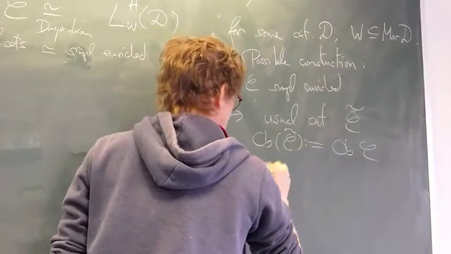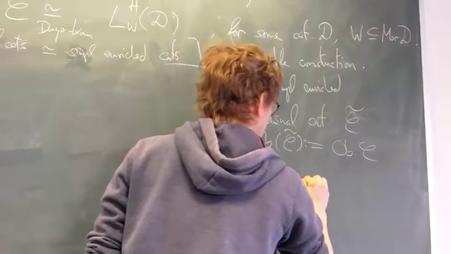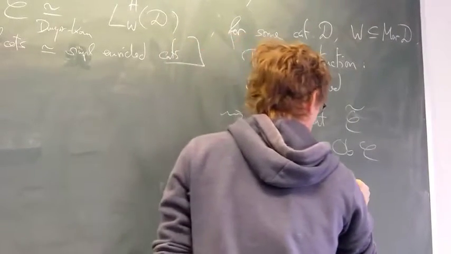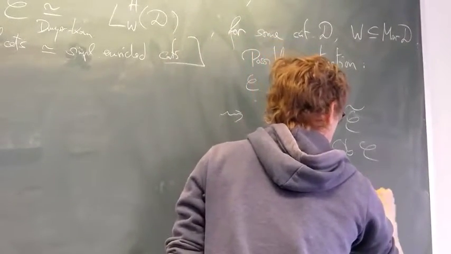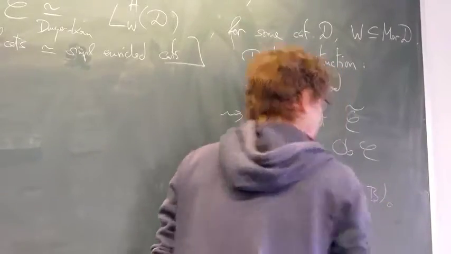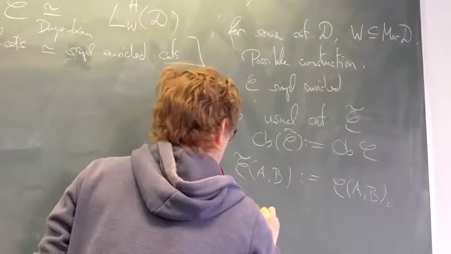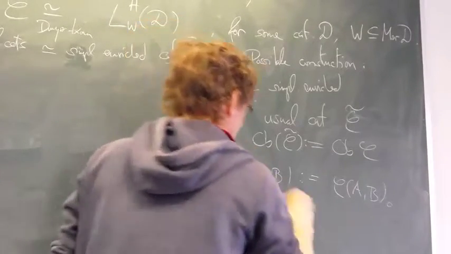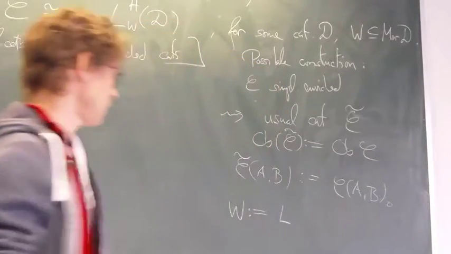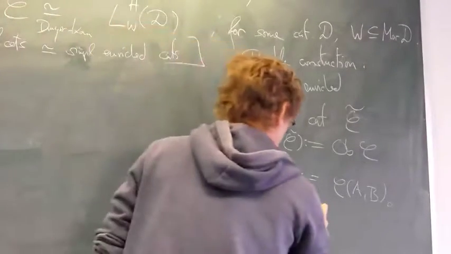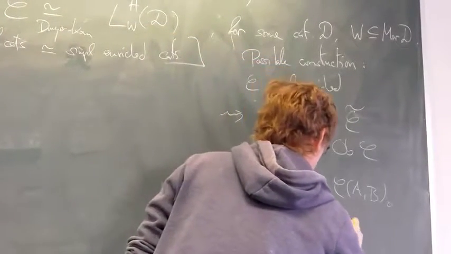And C tilde of A, B should be C of A, B and then the zeroth simplicial set. Then I would define the equivalence for which I localize as the pre-image of the isos.